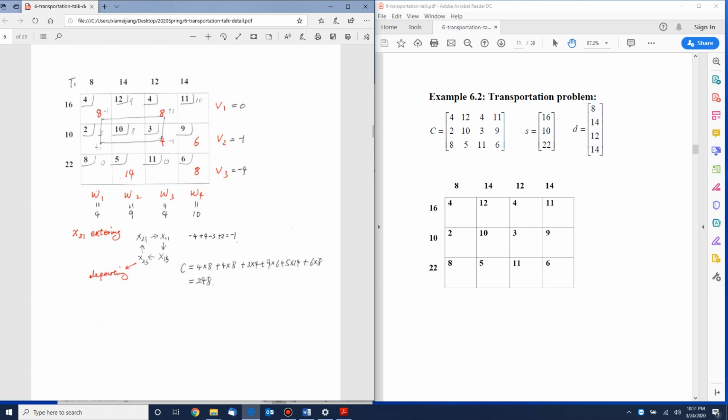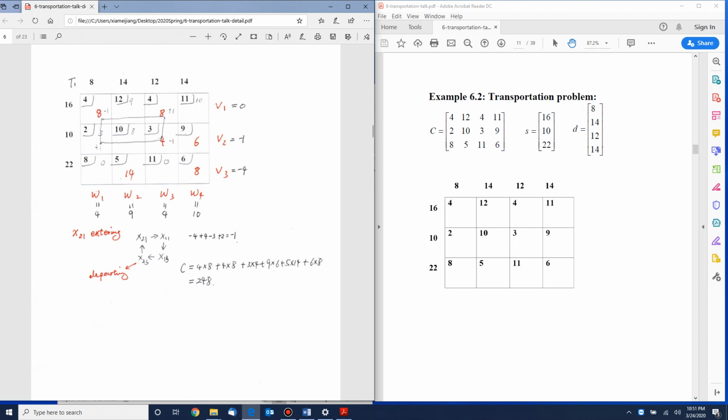So x12 is a non-basic variable, so we add v1 plus w2 next to the cost 12. And then v1 plus w4 equals 10. v2 plus w1 equals 3, and v2 plus w2 equals 8. And v3 plus w1 equals negative 4 plus 4 equals 0.